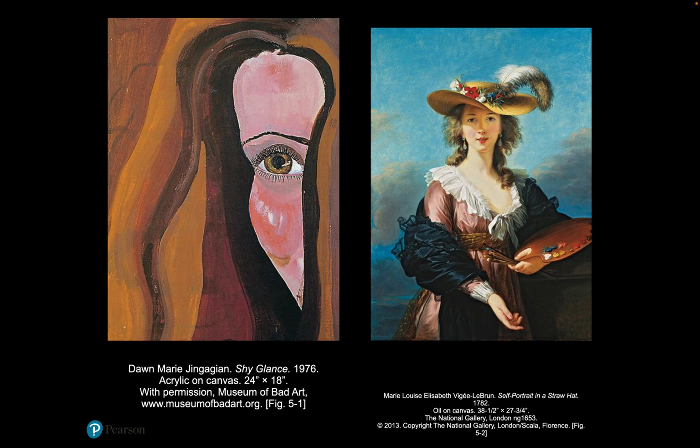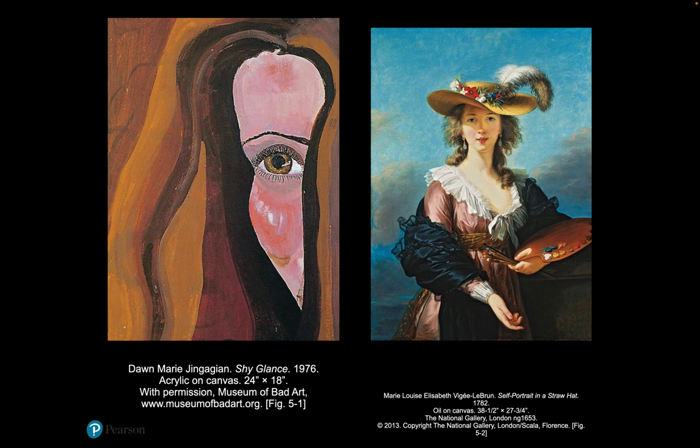In contrast, the self-portrait by Vigée Le Brun shows great assuredness of human anatomy, and may seem conventional to the contemporary eye. But what we find in a work depends on what we're looking for, right? This is based on personal value judgments. This is based on the viewer, and it involves our own personality.